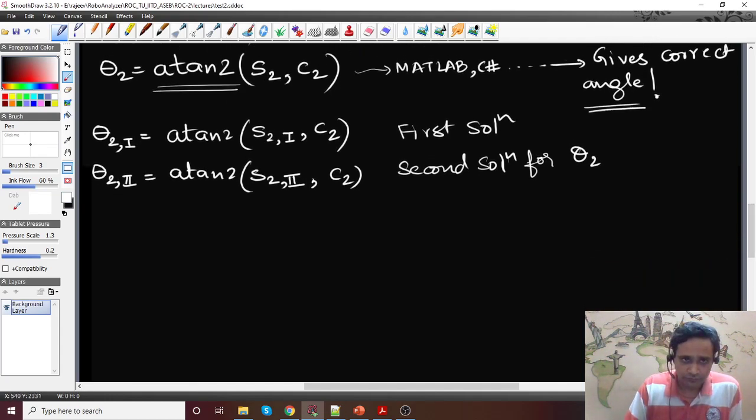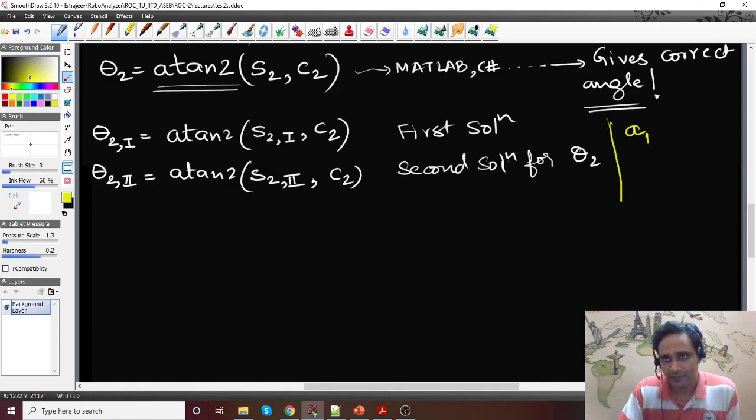Now, what was the earlier set? We had a1, a2, px, py, and theta 1, theta 2. a1, a2, px, py were given to us. Theta 2 has been determined in the previous step, so now only theta 1 is unknown.